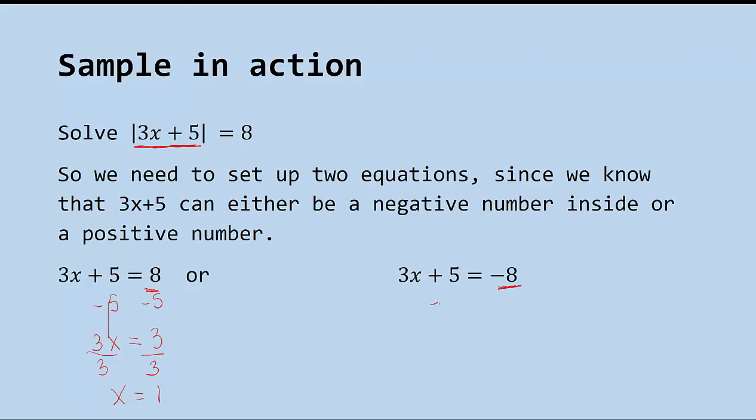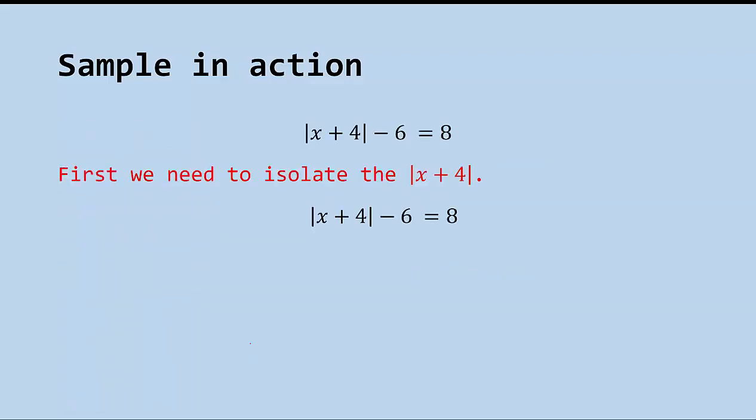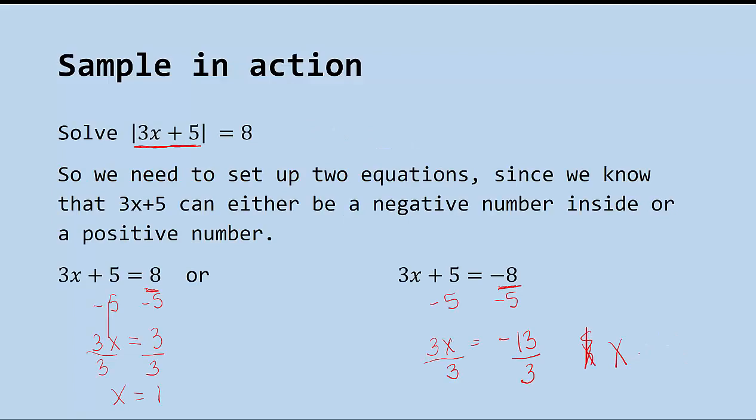The other solution, if we subtract 5 from negative 8, we now have negative 13, which is equal to 3x, going to divide by 3. So we can now simply list our x value. Our x value is equal to negative 13/3. We can now list our two answers. X is equal to either 1 or negative 13/3.